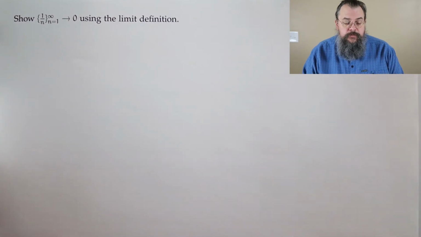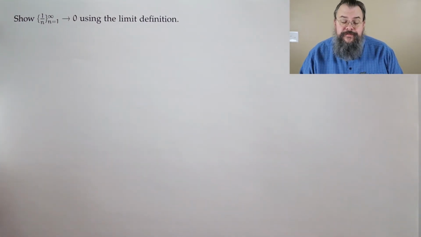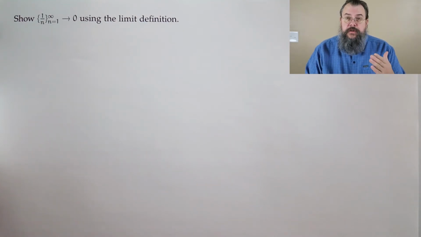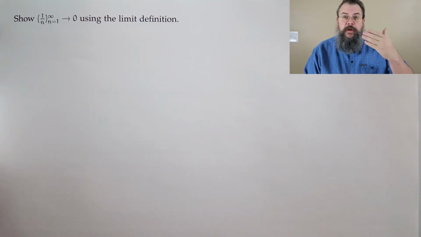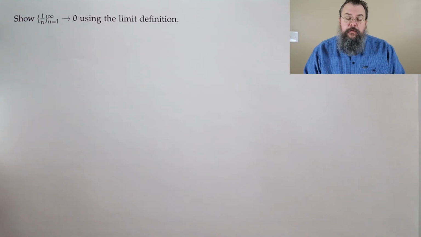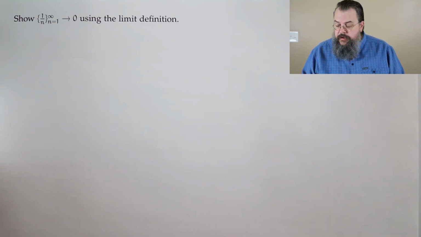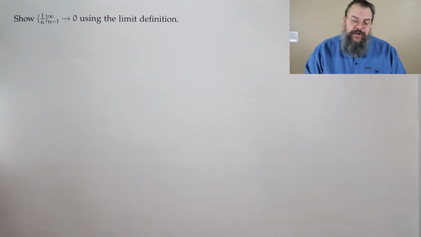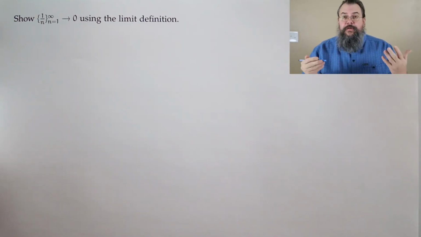Okay, our next problem. Show that 1 over n, which is a sequence where for every term we take 1 over the nth number, starting at 1 and going to infinity, goes to 0, using the limit definition. Here we're going to use the limit definition of sequences.